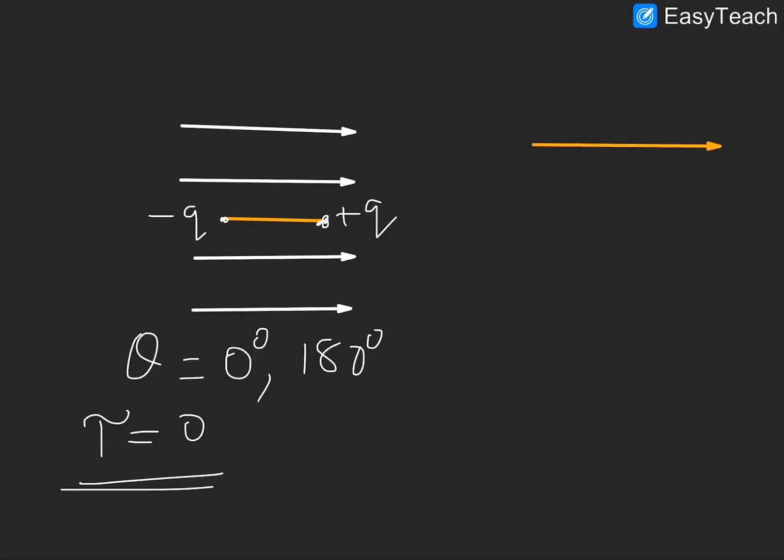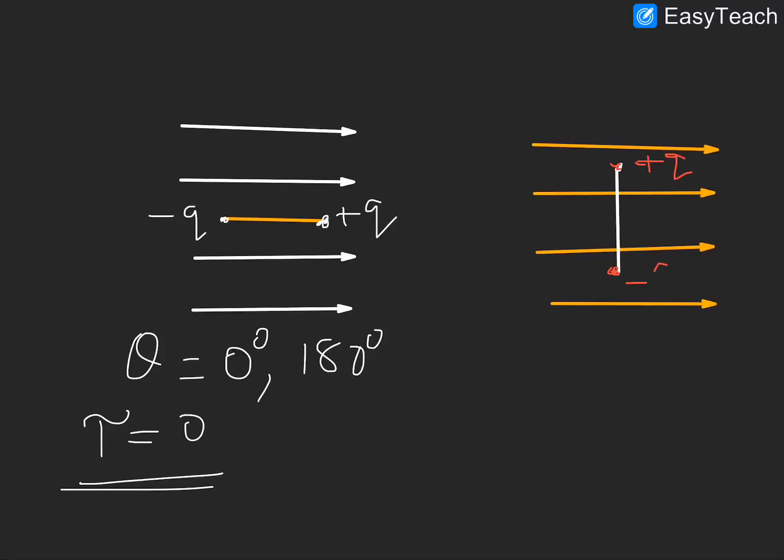Now if this is your electric field, and you place your dipole like this, perpendicular to the field, let us represent this side as plus q and this side as minus q.